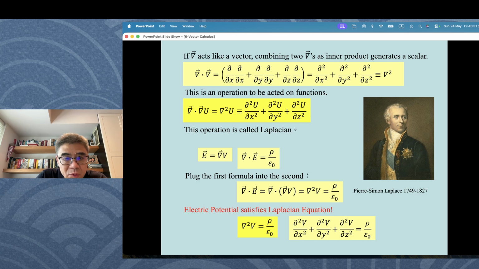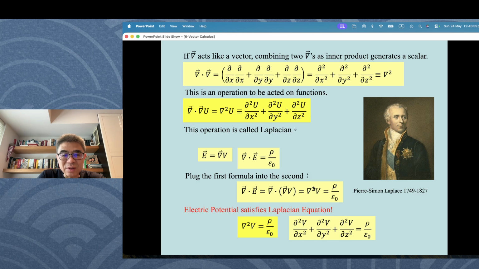And we also know from Gauss's law, the divergence of electric field is equal to rho over epsilon 0. So you just plug the first formula into the second one, and you get the divergence of E is equal to the divergence of grad V. And divergence of grad is just what we have written here, grad dot grad.